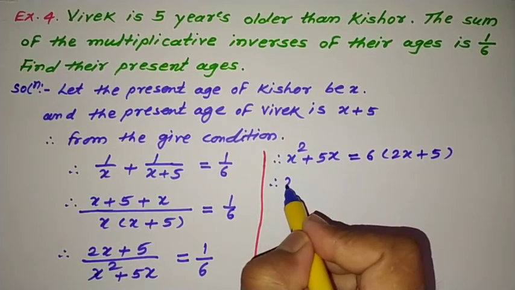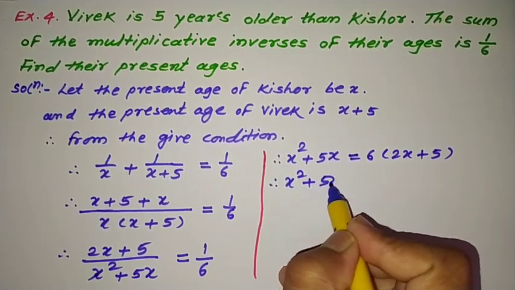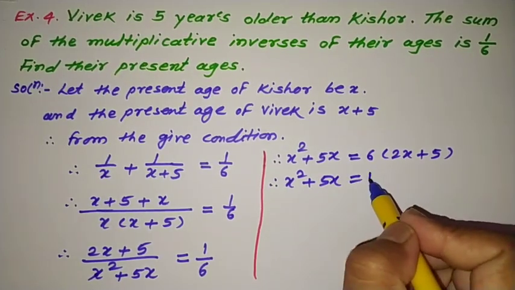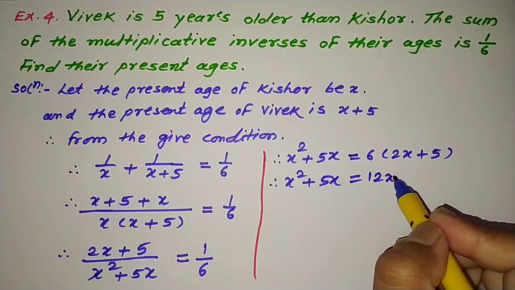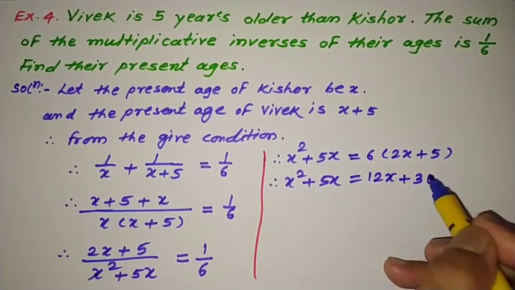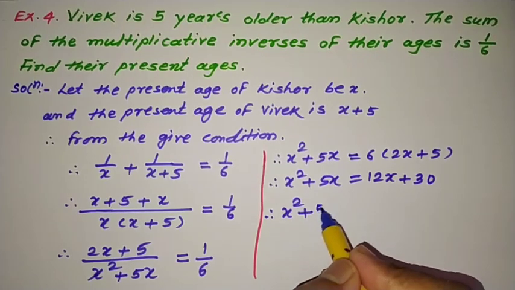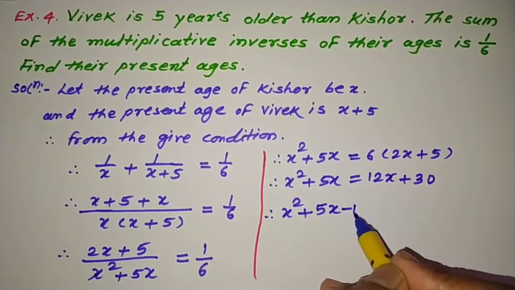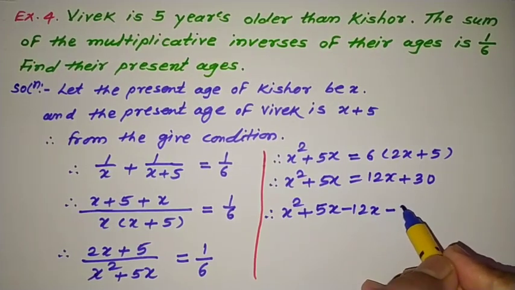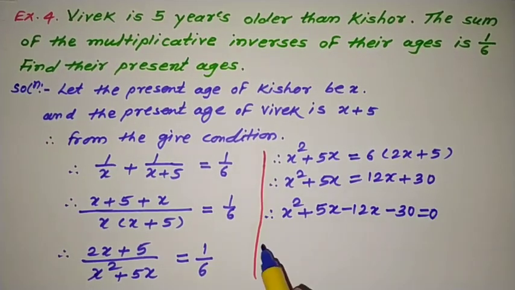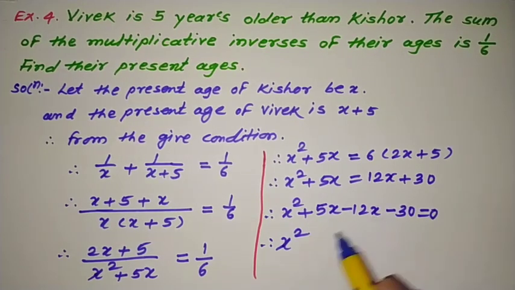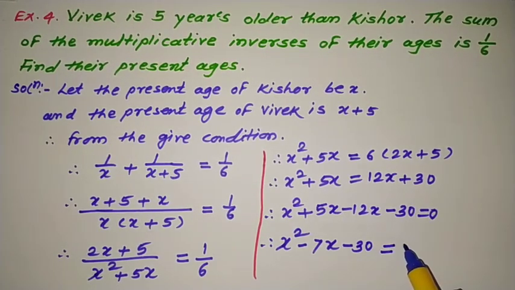Therefore x square plus 5x is equal to 12x plus 30. Therefore x square plus 5x minus 12x minus 30 is equal to 0. Therefore x square minus 7x minus 30 is equal to 0.